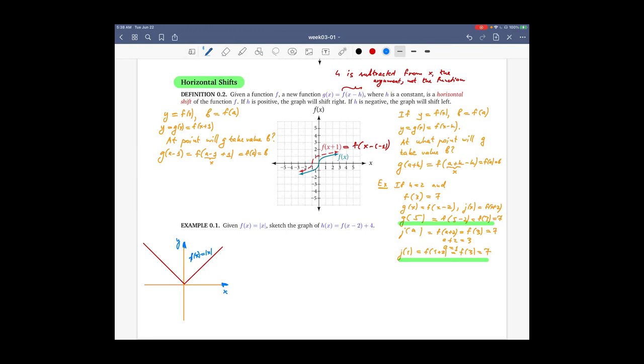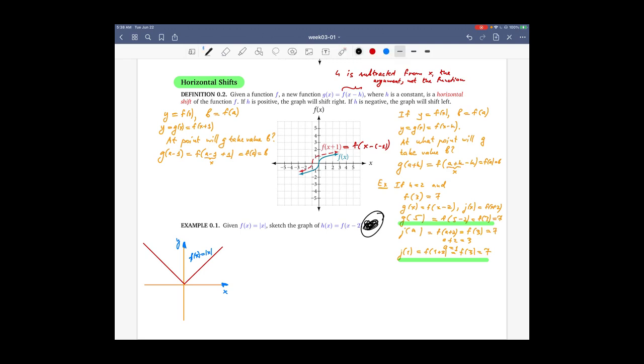Now, let us forget about adding 4 for a second. Let us pretend this 4 is not here. Can we construct the graph of f at x minus 2? We can. As we just learned, the graph of f at x minus 2 is obtained from the graph of f by a horizontal shift of 2 units.